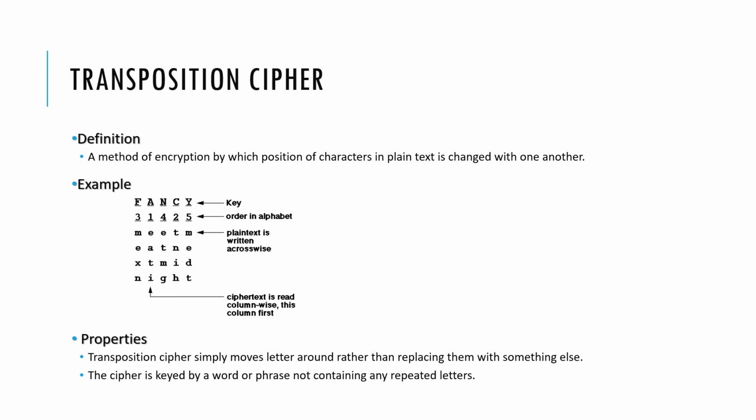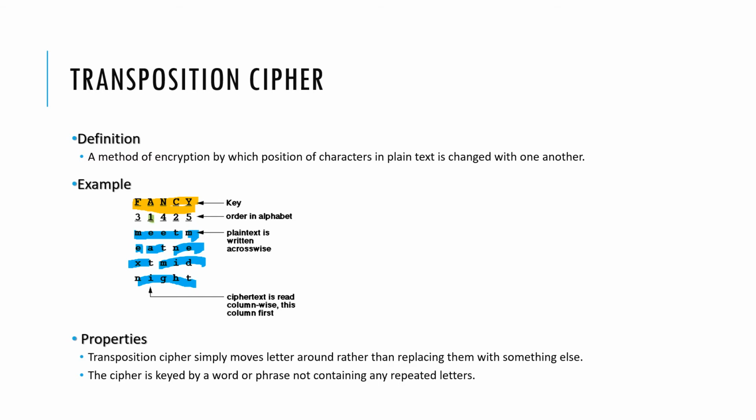In the example shown over here, we have the plaintext as "meet me at next midnight." For this, we have taken the key as "fancy." Notice that every character in the word "fancy" is unique. The next thing we have done is encoding these characters in the word "fancy" according to their lexicographic order.